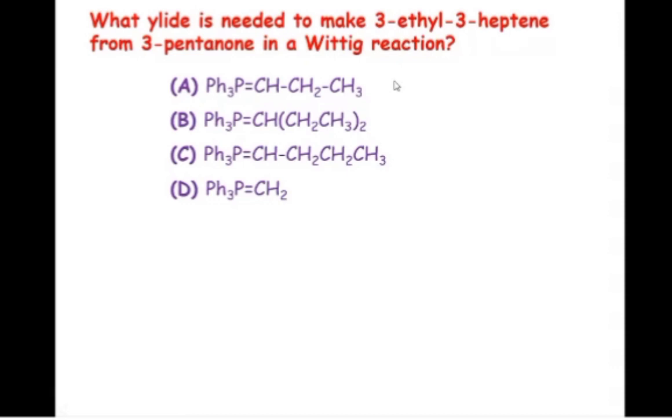What kind of phosphorus ylide is used for making this particular alkene from 3-pentanone? First of all, you need to draw the structure of 3-pentanone as well as the structure of 3-ethyl 3-heptene. Then only you will be able to solve such questions. Otherwise you will not be able to solve them.